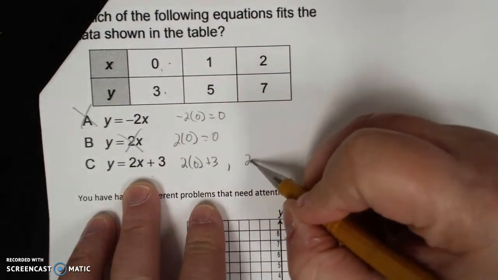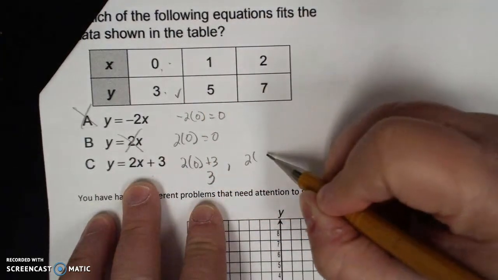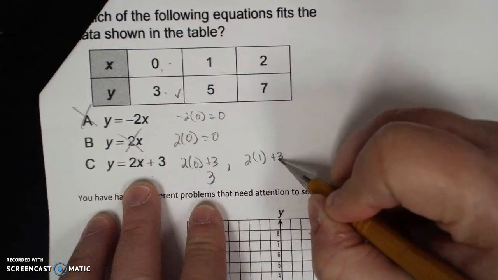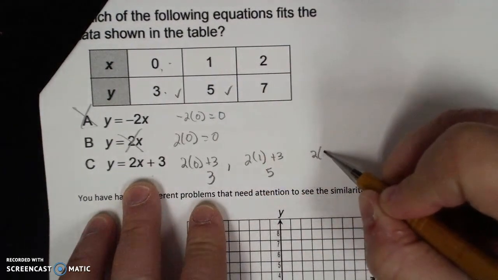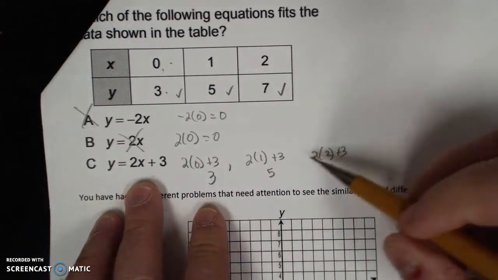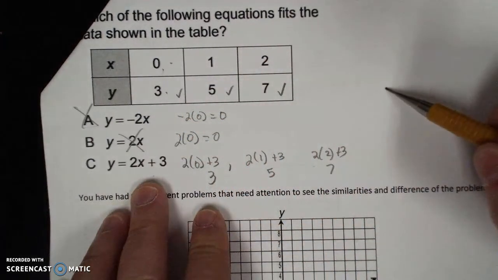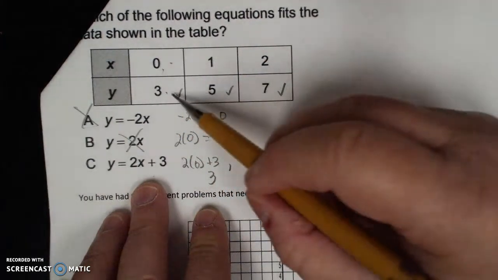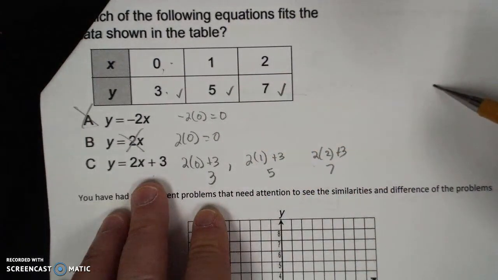And then I'm going to go 2 times, oh, that's 3, which checked out. 2 times 1 plus 3, that's 5. That checks out. 2 times 2 plus 3, that's 7, and that checks out. If you're going to do it this way, you must check all the way down the table. Because what sometimes they do is they let the first couple work and then somebody down here doesn't work.